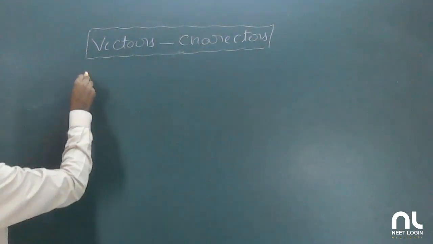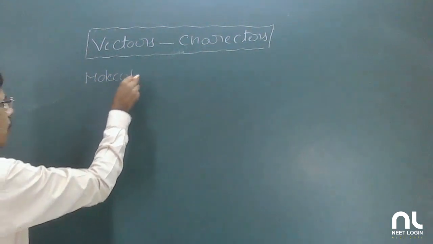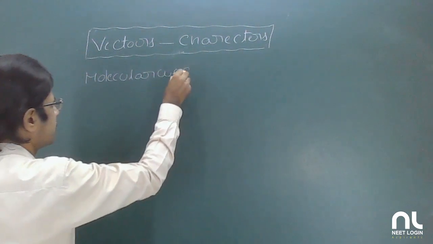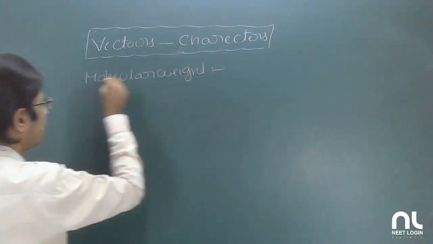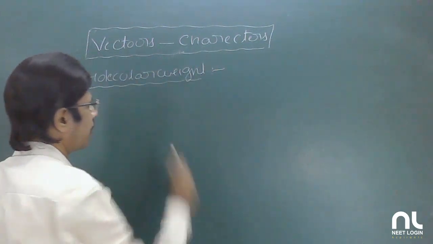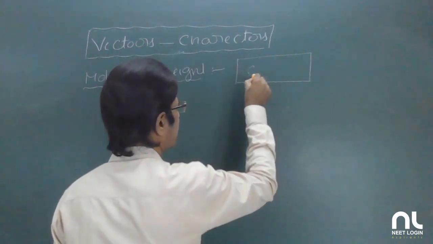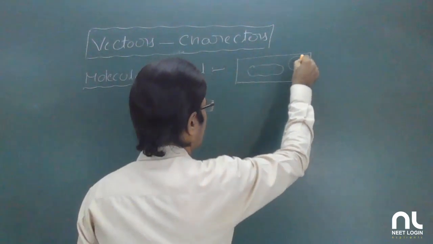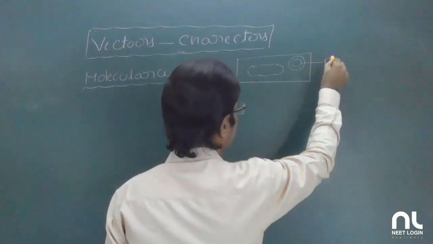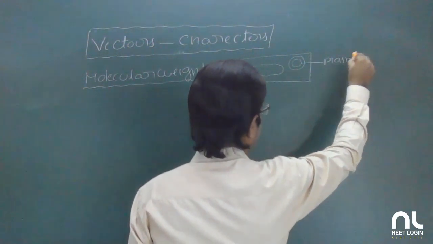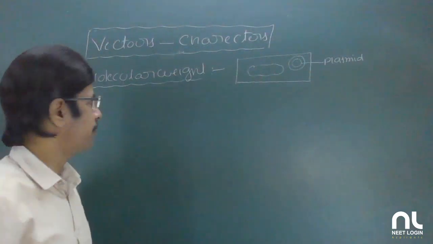And second, it is molecular weight. Suppose it is a bacterial cell. It is the plasmid. You are going to use it as a vector.